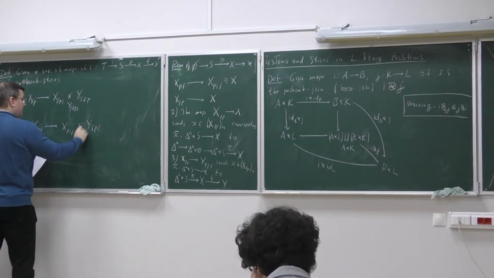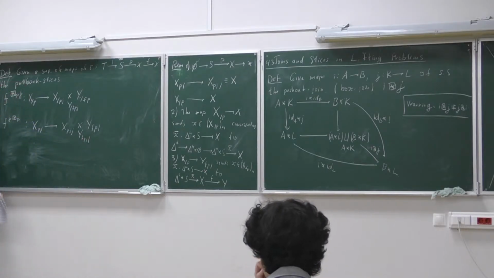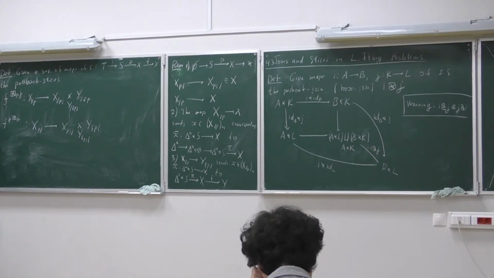Okay, so as you can see, this is already a little bit annoying with this weird notation and terminology, pullback slices, and we need to prove some theorems about this.